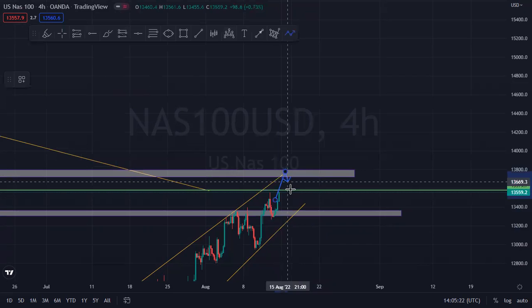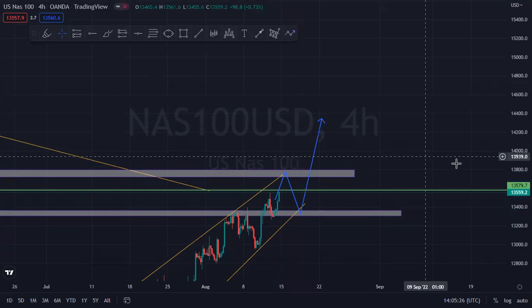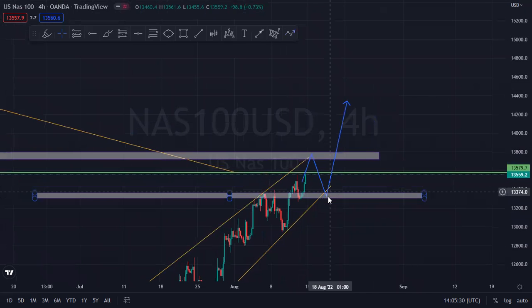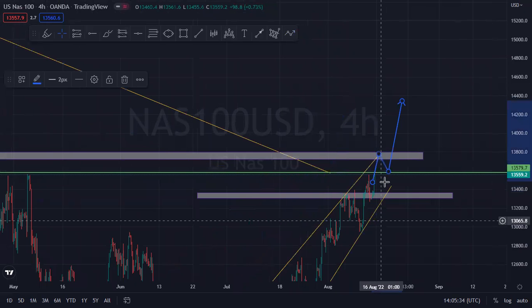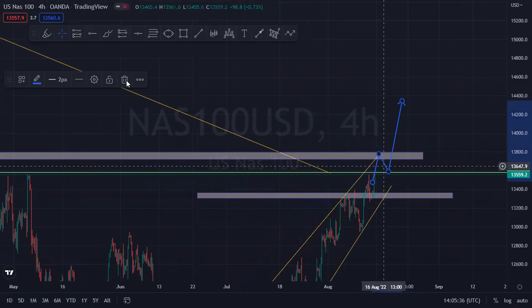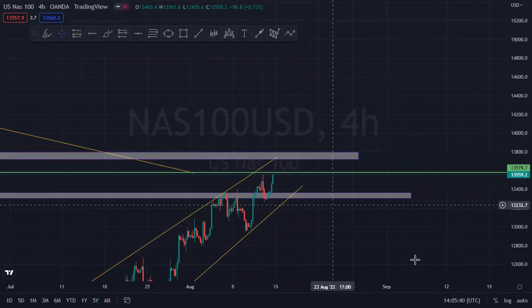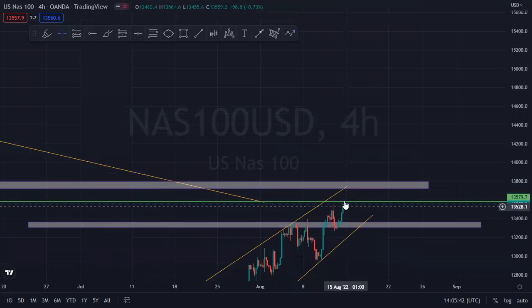Now I'm looking at, we might have something like this, continuation to the upside, or even not there, but here. So we need to wait for it because this is an impulse move. So me right now, I'm saying the market might break this area.